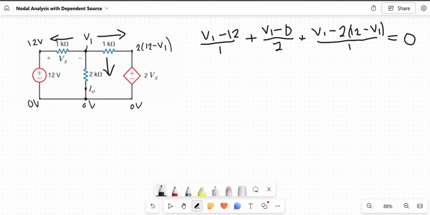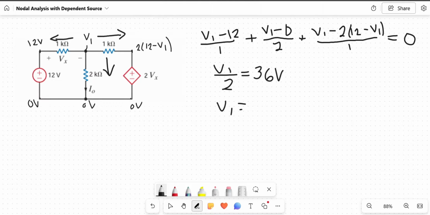equals 0. And then to simplify, we would get V1 over 2 equals 36 volts. Don't forget the reason why we end up getting only a V1 over 2 is because the V1 would cancel out due to this and this.